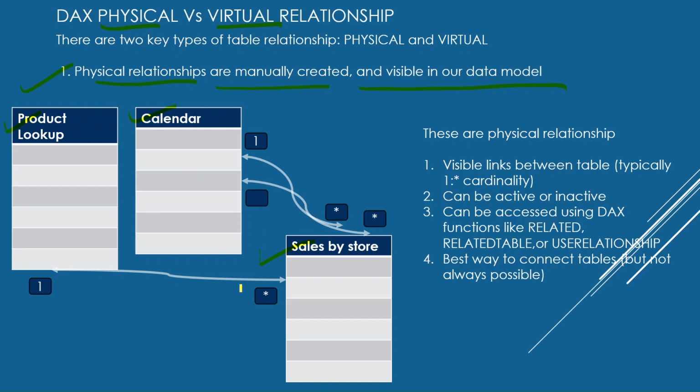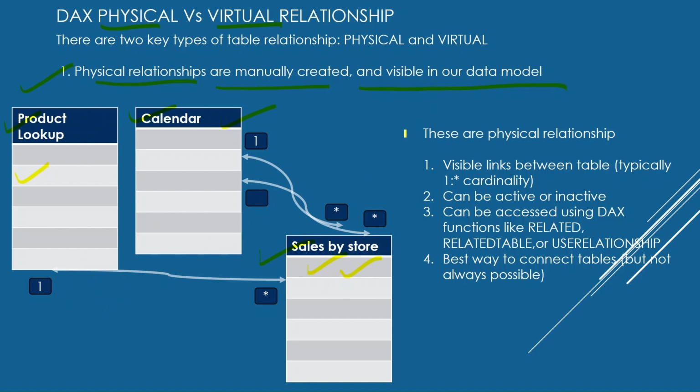These are the physical tables which we generally create in Power BI with different methodologies. There is a relationship between tables. Suppose there is a one to many relationship between product lookup and sales by store lookup, and a one to many relationship between calendar and sales by store lookup. Whenever we create such relationships during the creation of the data model, those are the physical relationships.